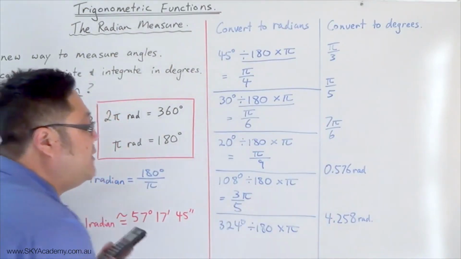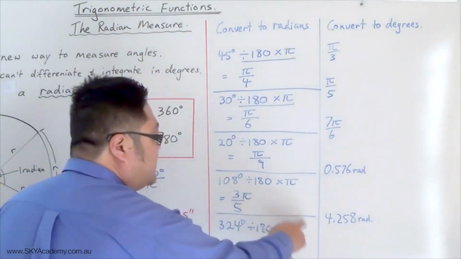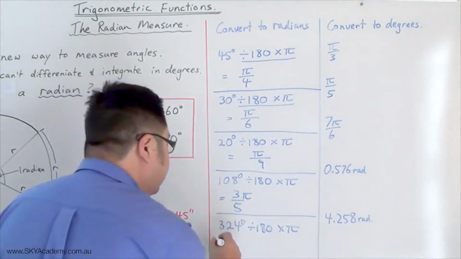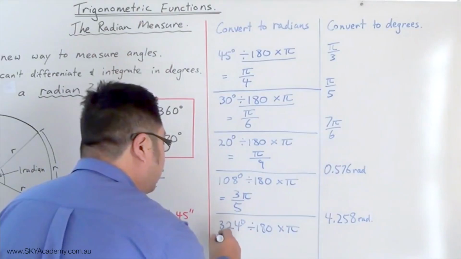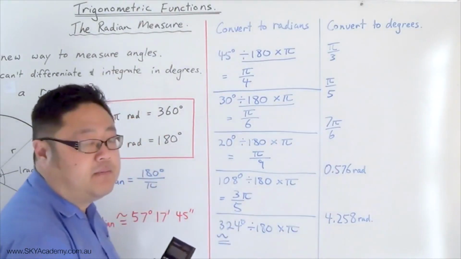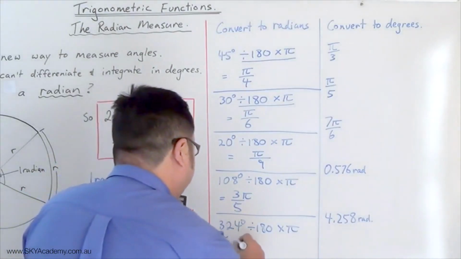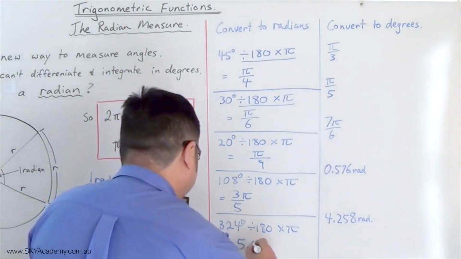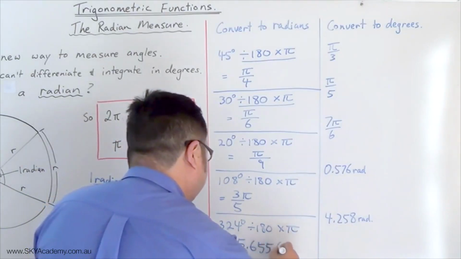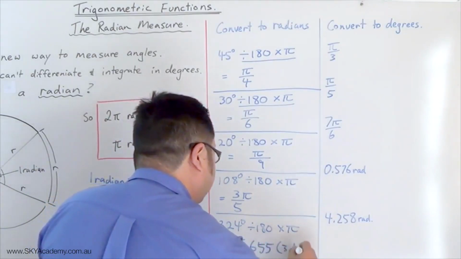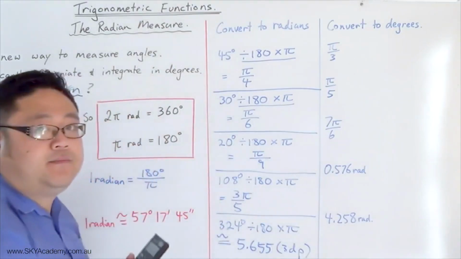Because pi is a transcendental number, your answer is not going to be an equals to, it's only going to be an approximation. So your answer is approximately equal to 5.655 to 3 decimal places. That's what I've got. Does that make sense?